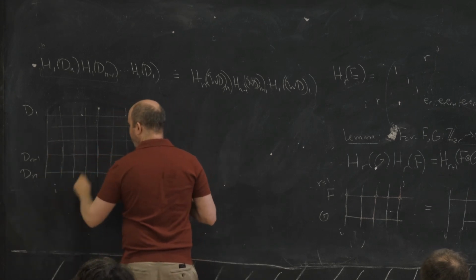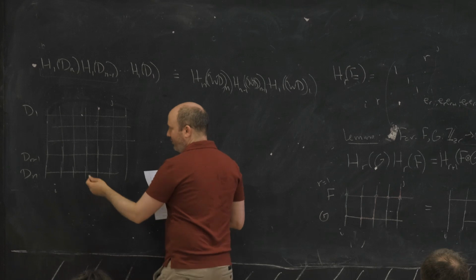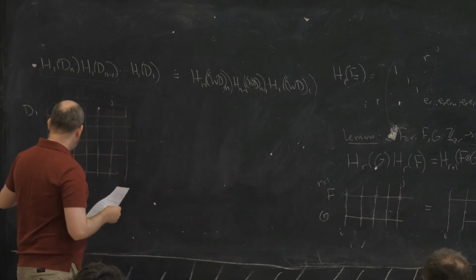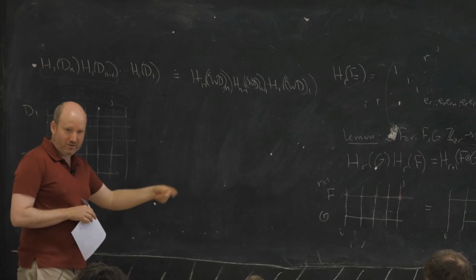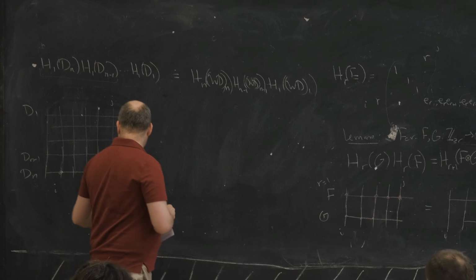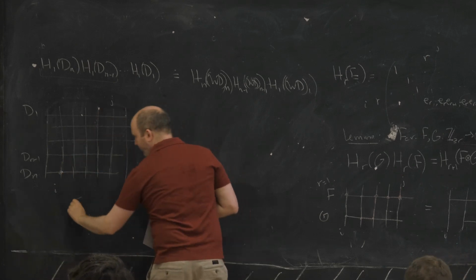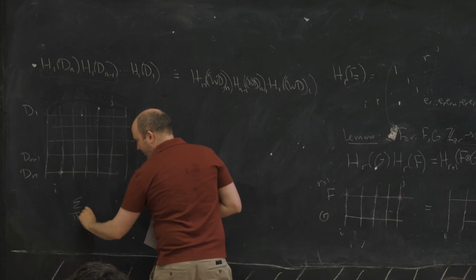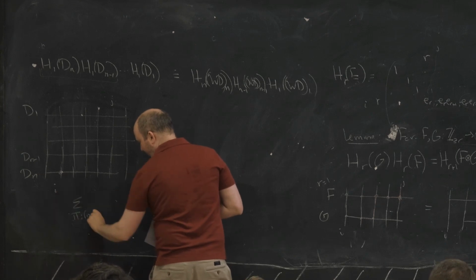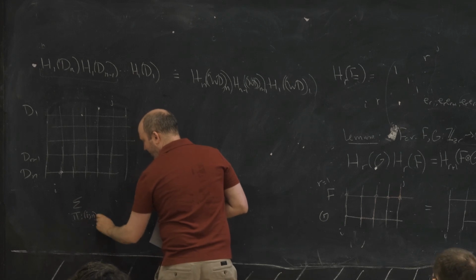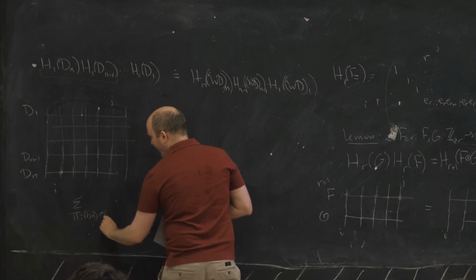If I go from i to j, the entries here are the ratios of these d's. Think of these d's again as some running product of weights. What I get here is that the ij entry is the sum over all paths that go from level n, the bottom level, position i at level n, up to position j at level 1.